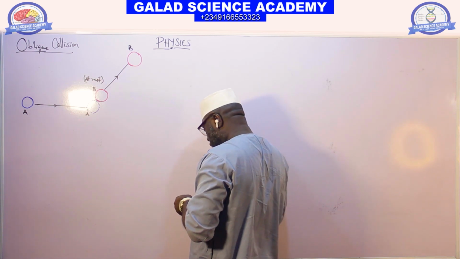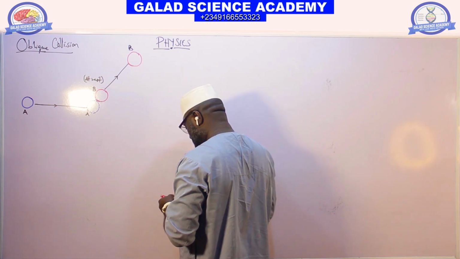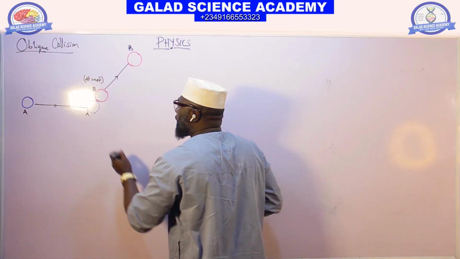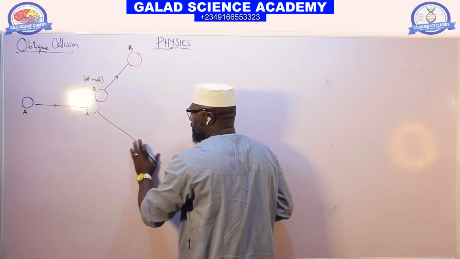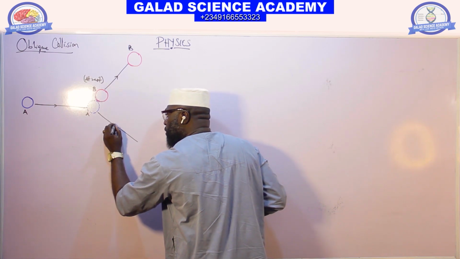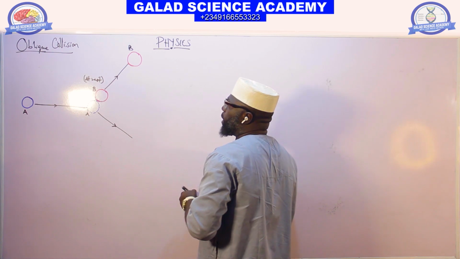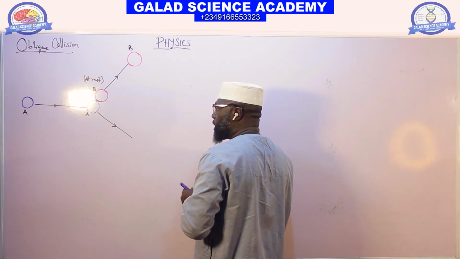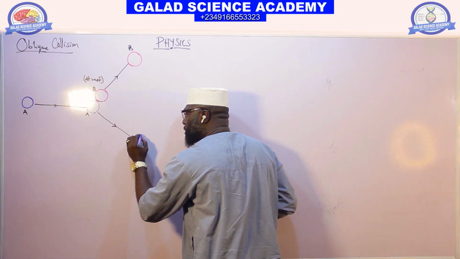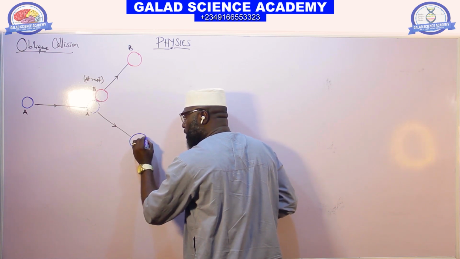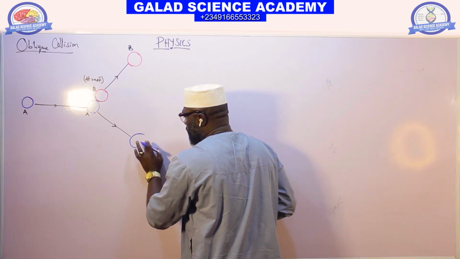So you can now observe that A will now move along this direction. When ball A moves in another direction, it will come to its own final direction, and B to its own.